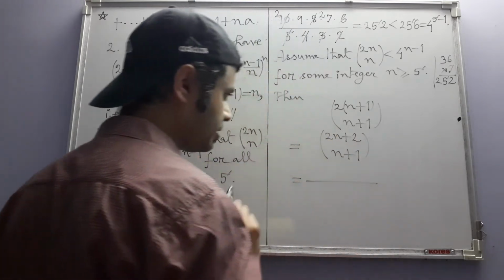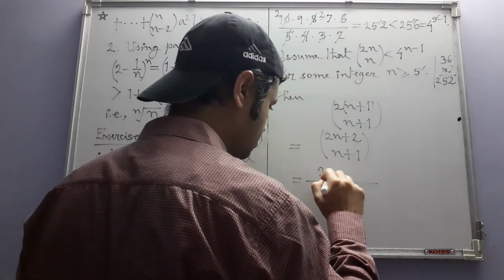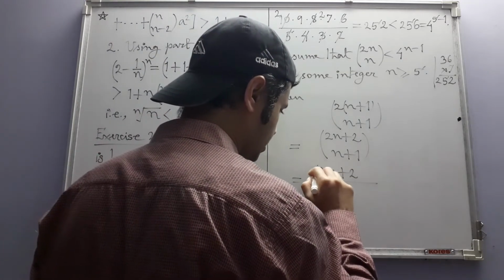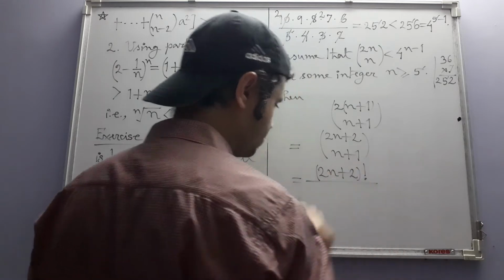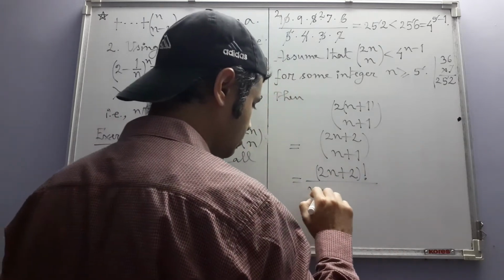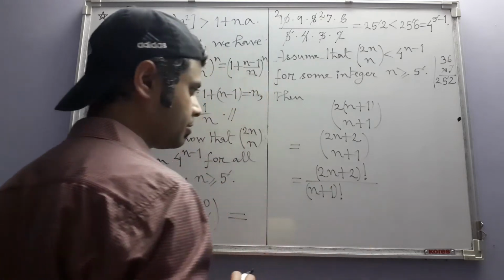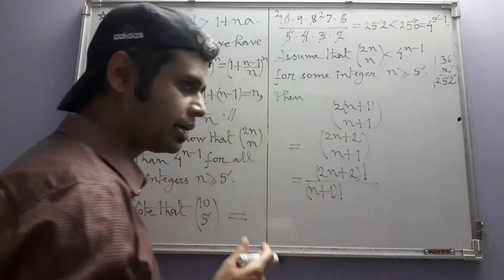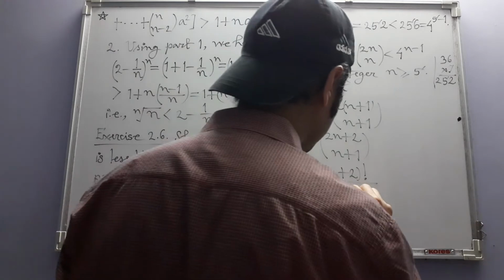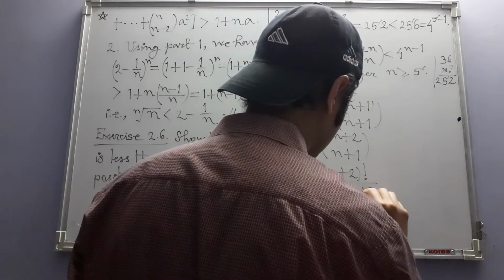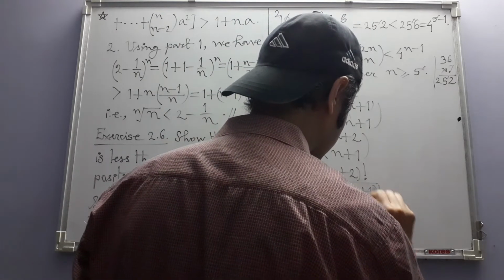This, if you apply the definition, is 2n plus 2 factorial divided by n plus 1 factorial times 2n plus 2 minus n plus 1 factorial, which is also n plus 1 factorial.